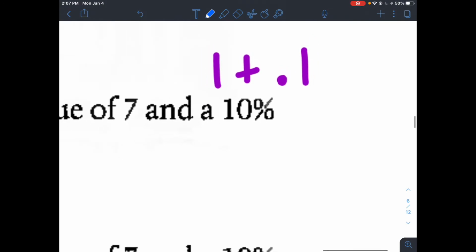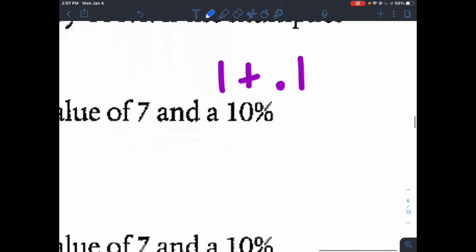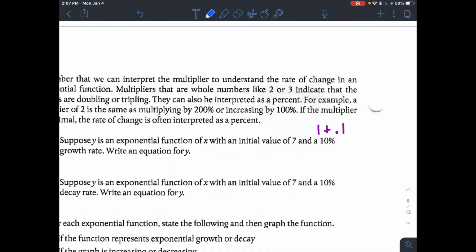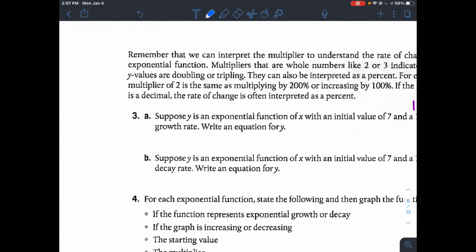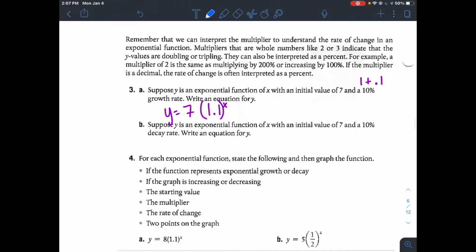And remember, when I'm doing this, it's always 1 plus the decimal, or 1 plus the percent amount written as a decimal. So thinking back to last semester, we talked about that as a growth or decay rate. So for this one, my starting value is 7, and my growth rate is 10%. So 1 plus 0.1 gives me that 1.1 to the power x.